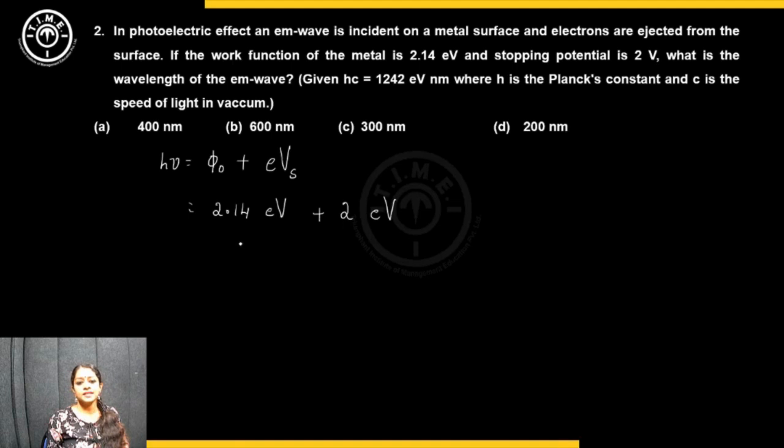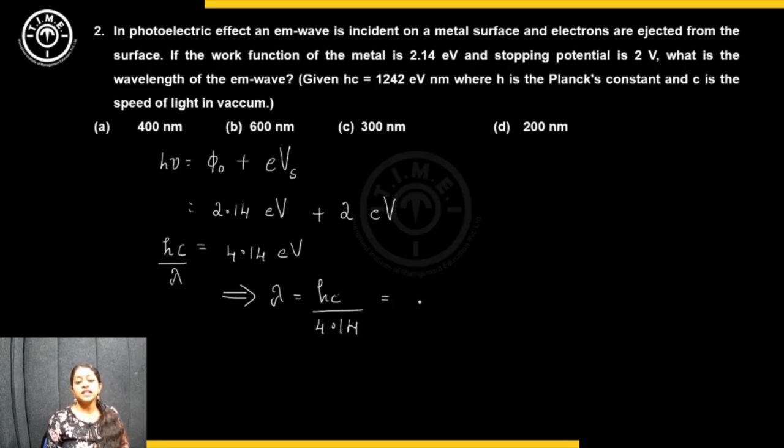So 2 plus 2.14, that is 4.14 electron volt is the value of energy of photon, which is h nu. But here I am going to substitute nu as c by lambda, because what you have to find here is the wavelength of the incident radiation. So from here you can write lambda is equal to hc divided by 4.14.